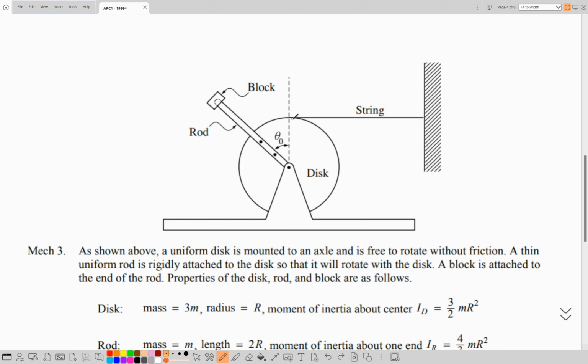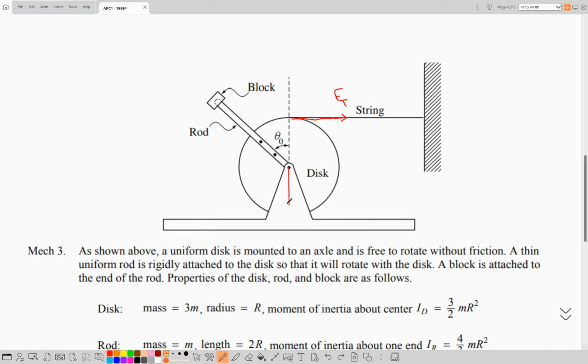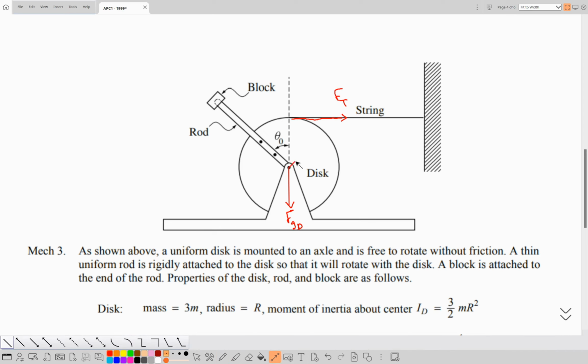We have the tension along the string, so let me say this is F tension, and we have the pull of gravity on the disk, which is Fg of the disk, and we have the reaction at the axle.